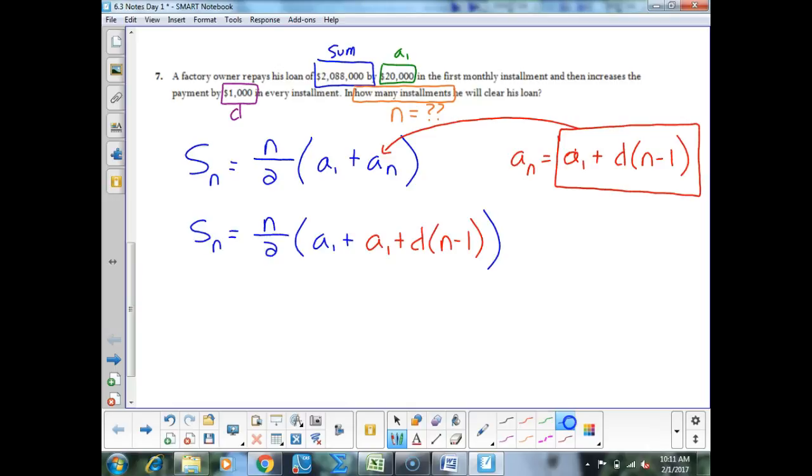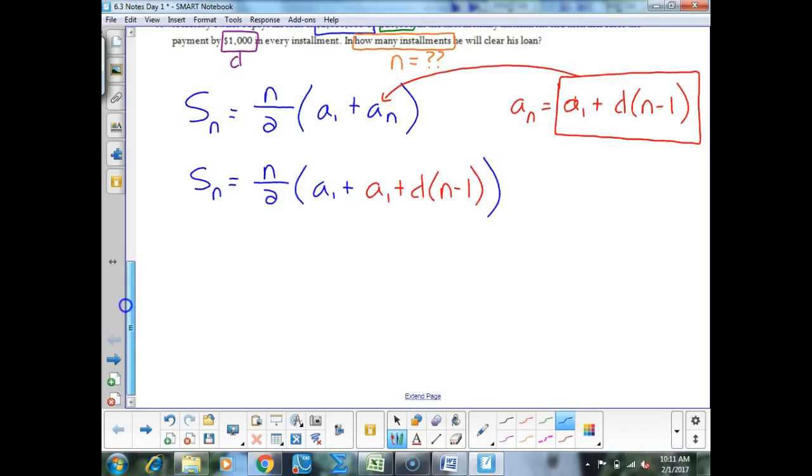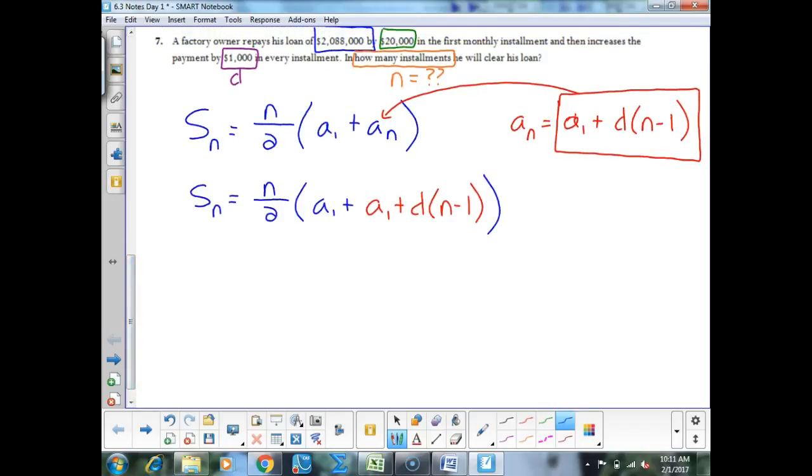Okay? Now you can start filling in stuff that you know. I know that the sum is $2,088,000. Do I know what n is? No. So n is n. Do I know what 2 is? Yep, 2 is 2.